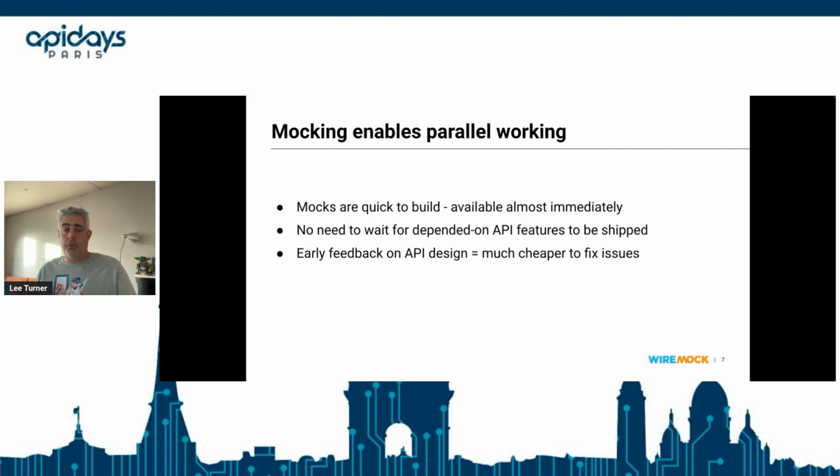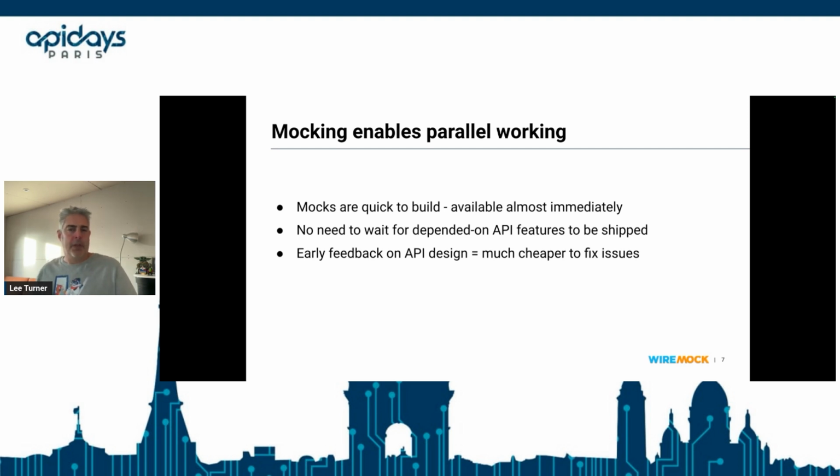And perhaps one of the more important benefits of mocking is that it gives you that early feedback. What we find is that when you're designing an API, that design is essentially unvalidated. It's only when you start to build against that design or interact with that design that you really start to iron out some of the kinks in how it works.